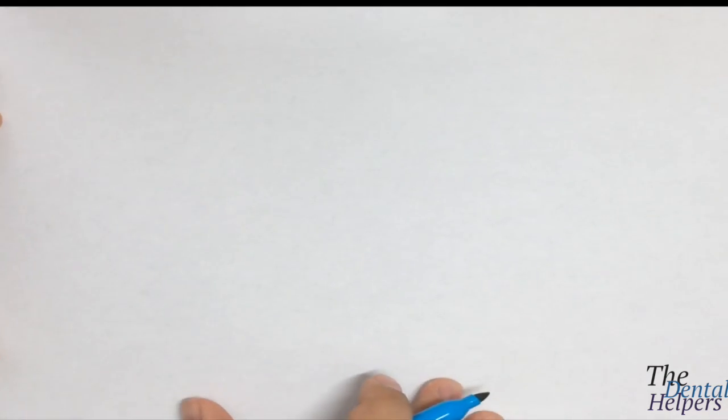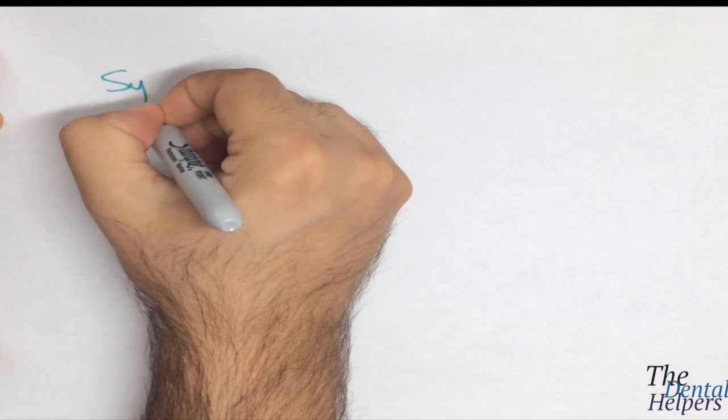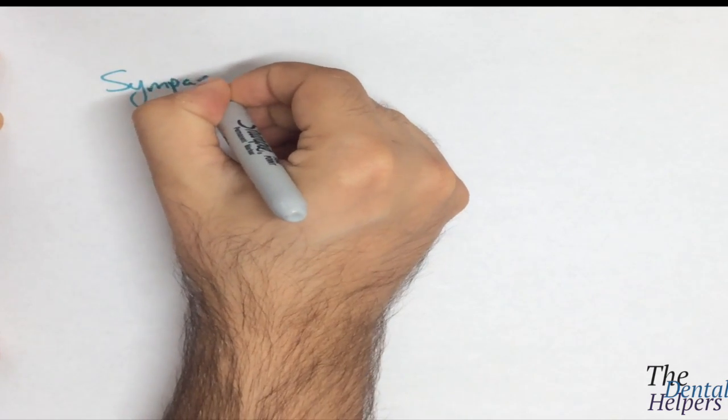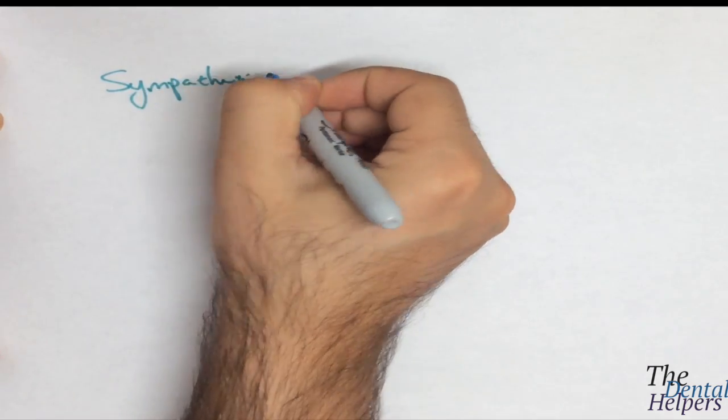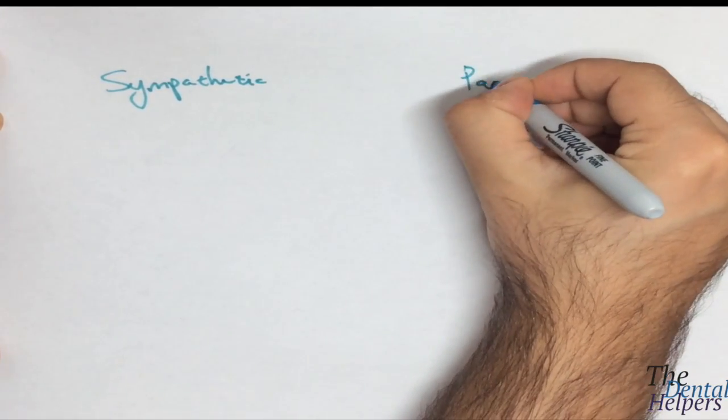Now, if we look specifically at the sympathetic and parasympathetic nervous system, the sympathetic nervous system versus the parasympathetic.